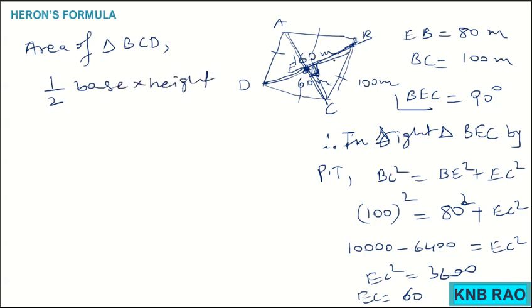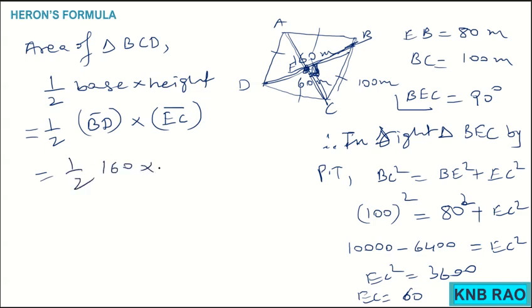Because in triangle BCD the height is found now as 60 meter, it's perpendicular to BD. So EC is the height and BD length is the base. So I have to use them. Half into length of BD, which is 160, into EC height, which we have already found as 60. So its product also gives you 4,800 square meters. This is one of the alternative methods.